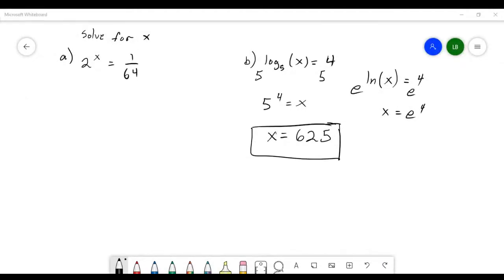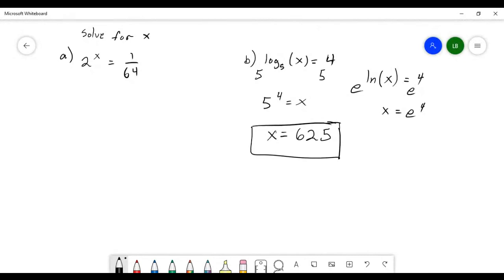Not quite. One way to think about it is, we know that in order to have a fraction, x should be negative, right?